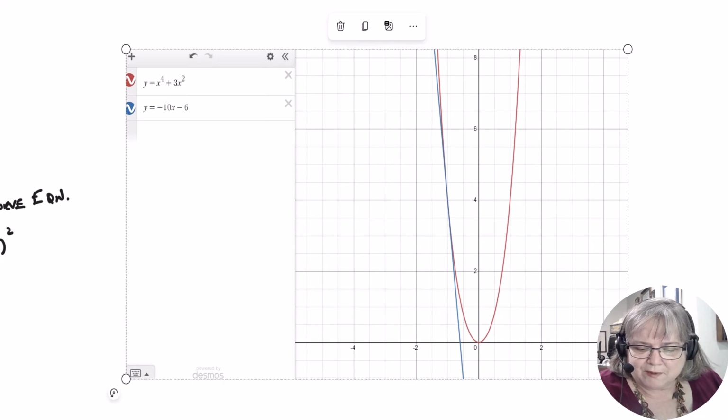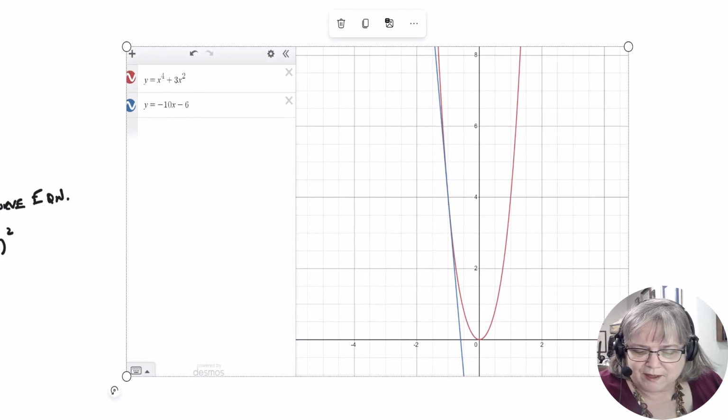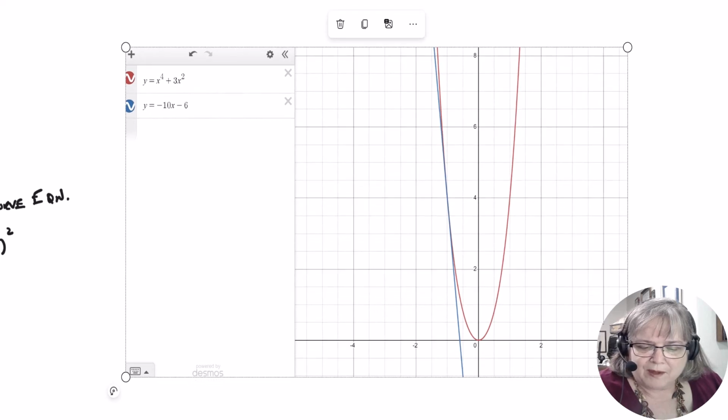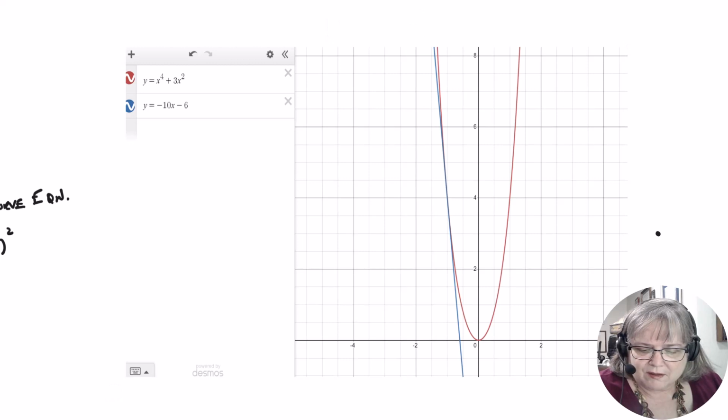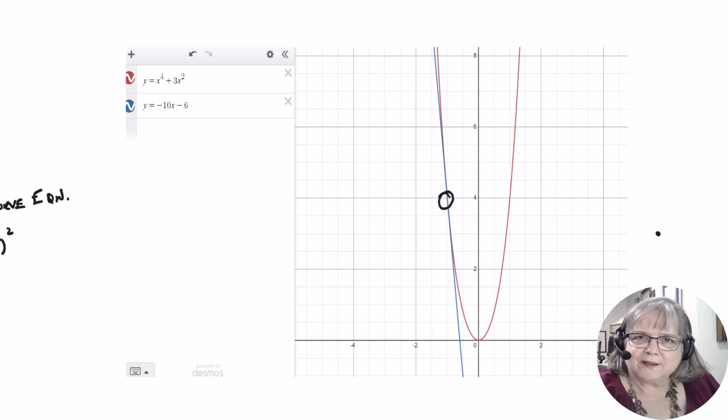So at -1, and this is a strange scale, which looks like it's about right here, then we would be up here, -1, right there, okay? So that's our -1, 4 spot, and that's where the actual tangent is. But you can see it's a little difficult to tell exactly where that -1, 4 is.